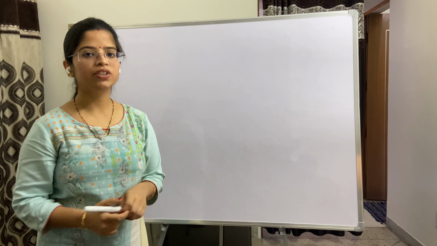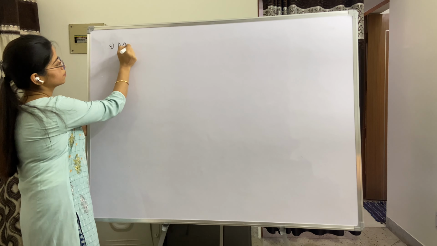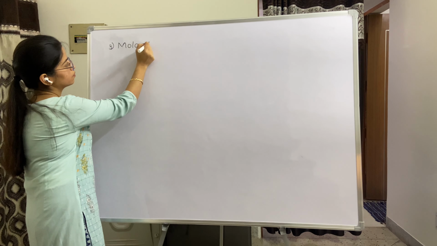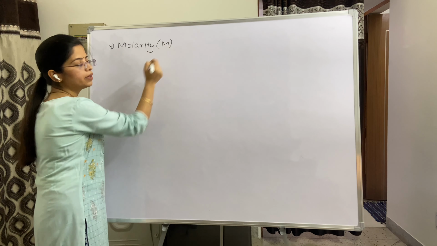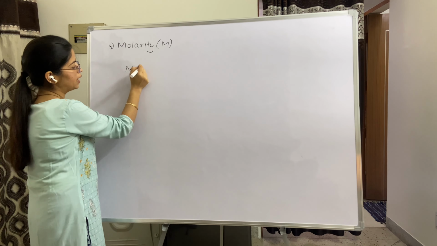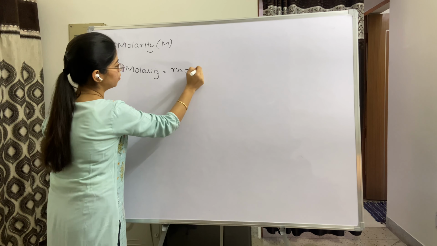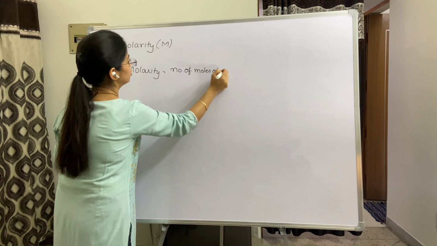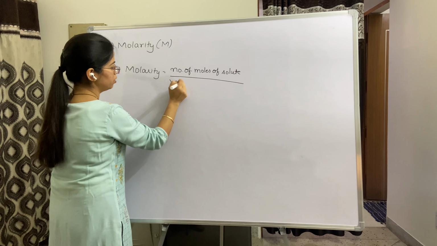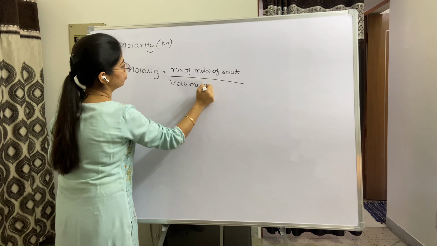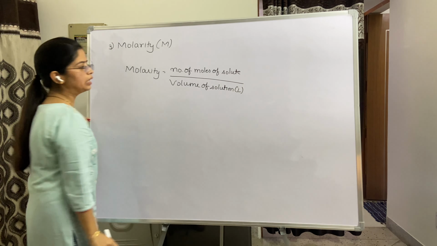The third method by which we can express the concentration is molarity. This is represented by capital M. Molarity is equal to number of moles of solute over volume of solution, which should be in liters.